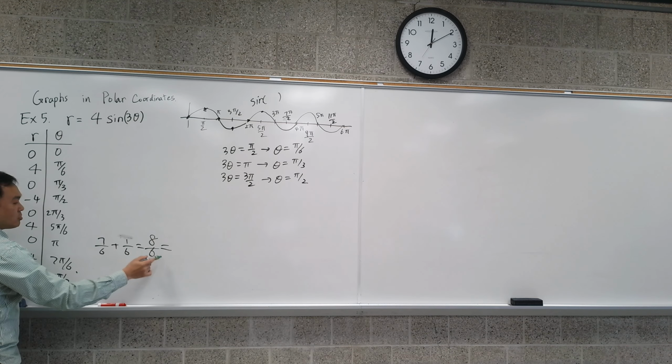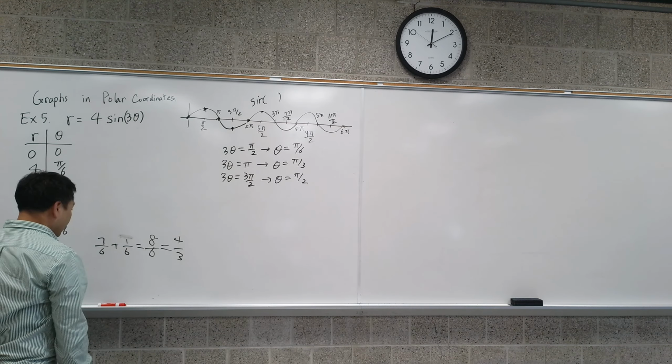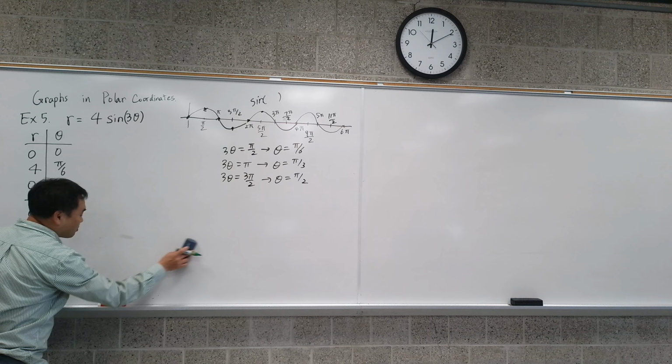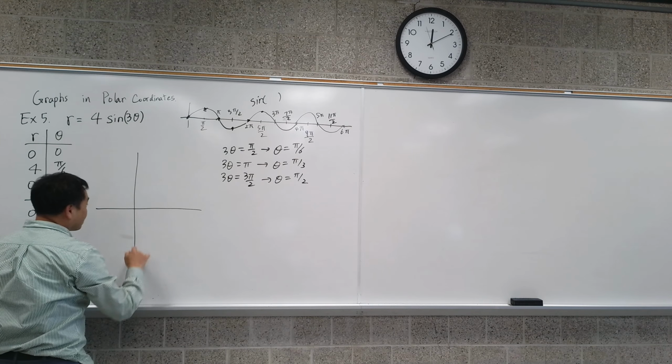And if you reduce this, you get 4/3. So that's why I'm writing down 4 pi over 3. If you add 1/6 of a pi to this, you get 4 pi over 3, and you'll be back to 0. Okay, let's try to plot these and see what happens, and we'll work with the rest of the table.